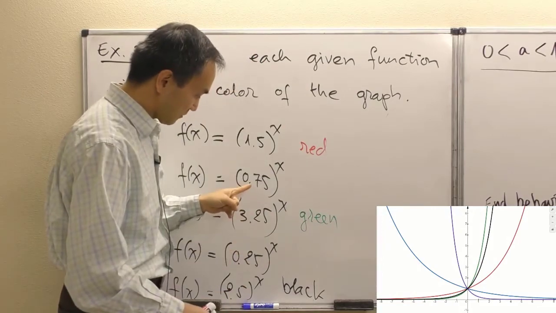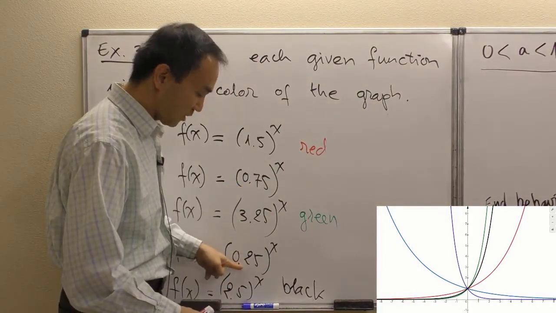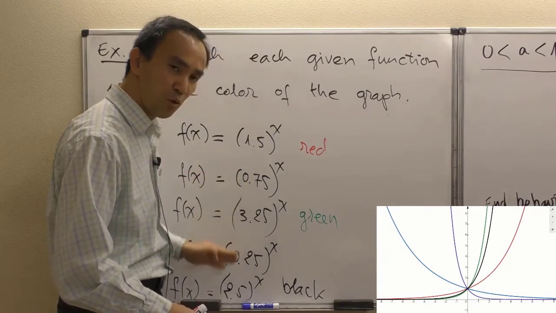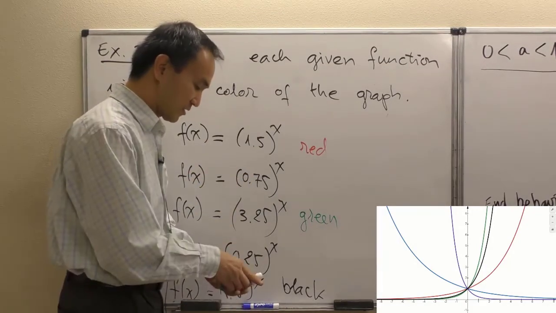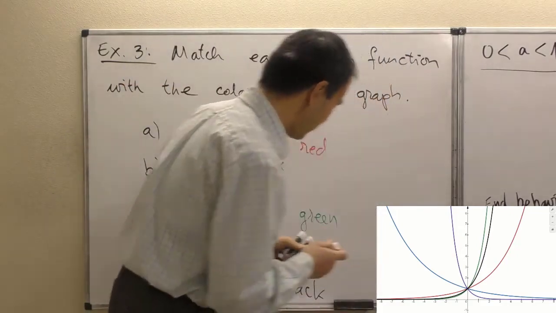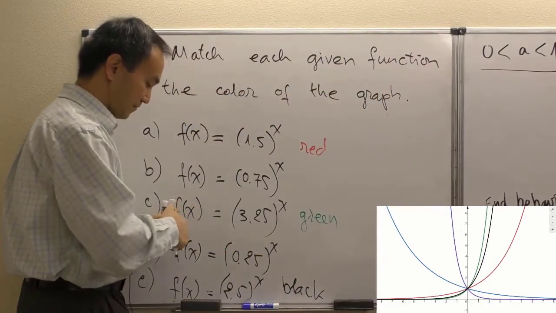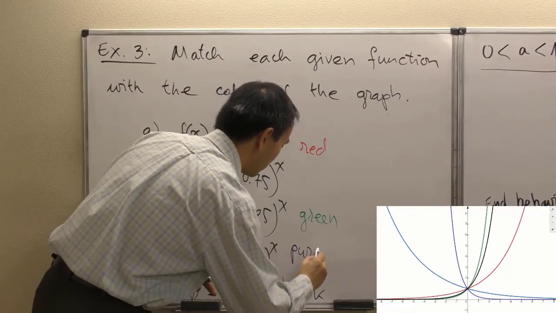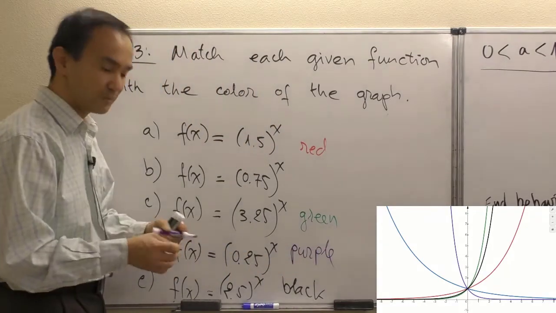So smaller base, larger base. These are all bases less than 1 right here, but this one is even smaller. So this one here has to be the purple. All right, that one there has to be the purple.